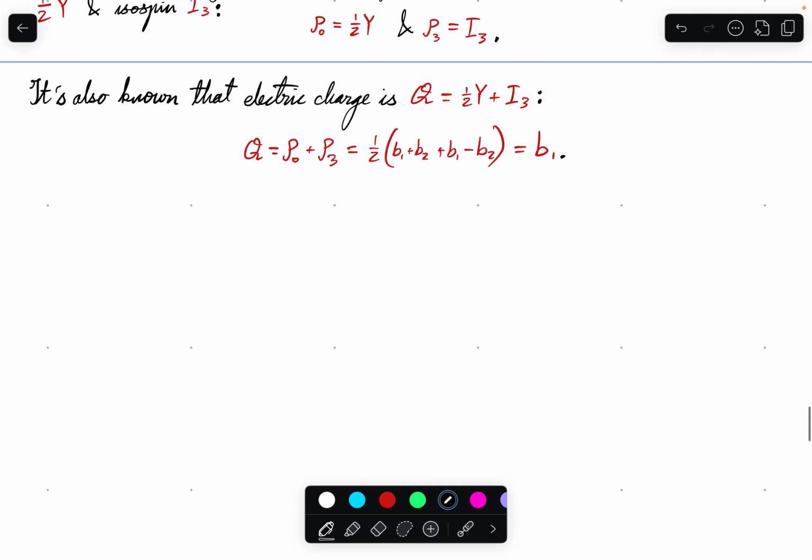So what does that mean? It means that we look for eigenvalues.